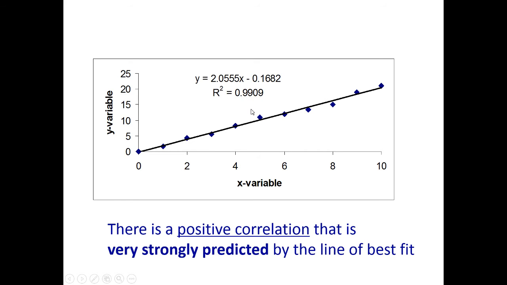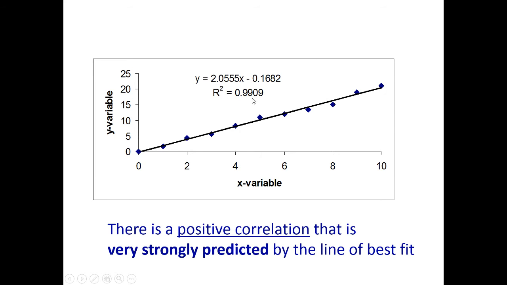Based on all of this, what we can say about our data, because there's an upward trend, because this slope is positive, we can say there's a positive correlation. So just simply based on this upward trend, based on this positive slope, we can say there's a positive correlation or a direct relationship.